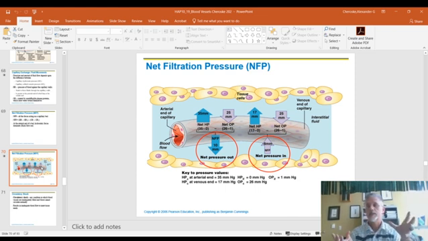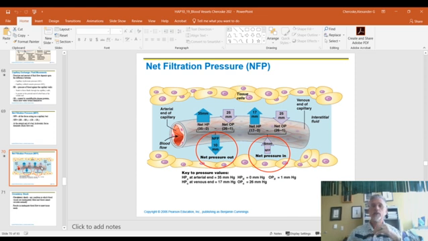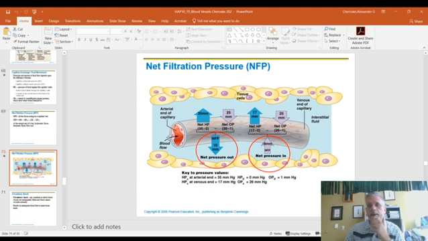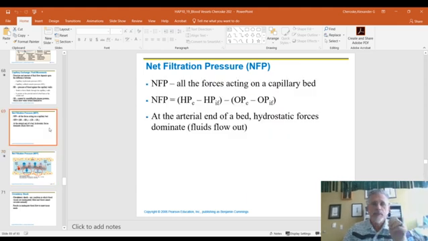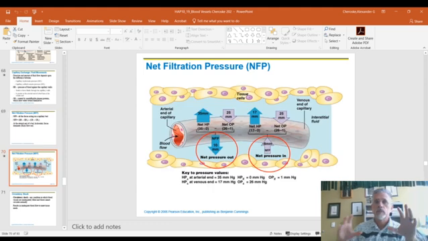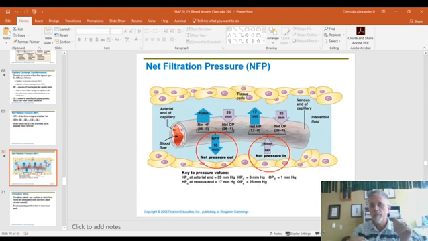So you need to understand that as a definition, and then you need to understand what are the forces that cause the water to go out and come back into these systemic capillaries, and really capillaries most anywhere. So there's a variety of forces that are going to be involved, and this slide kind of lays all of those out.